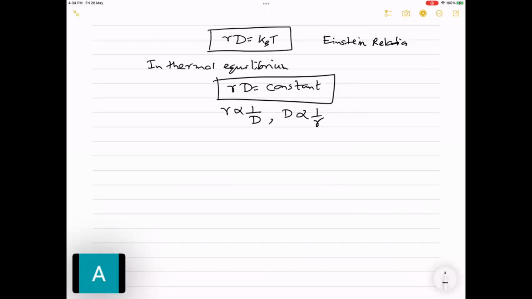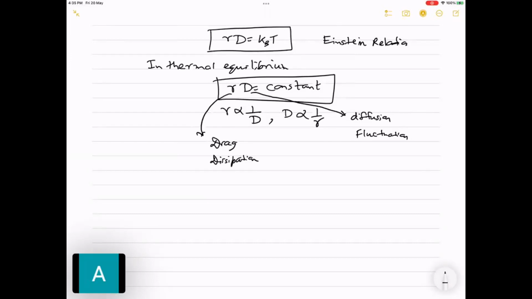Now here, gamma is the measure of the drag acting on the particle, and D is the diffusion, right? Whenever diffusion is happening, the particle is moving back and forth, so there is some fluctuation. And whenever we have drag, recall my first lecture, it leads to dissipation in the system.